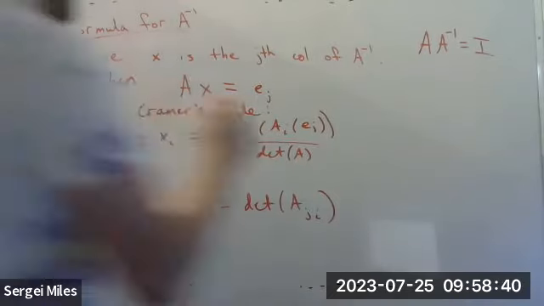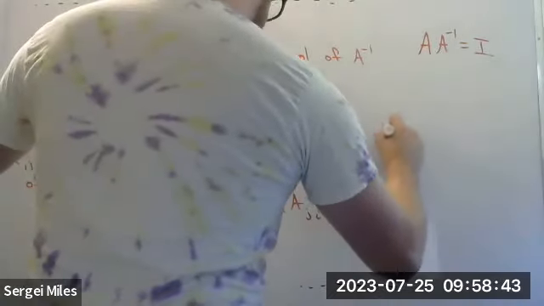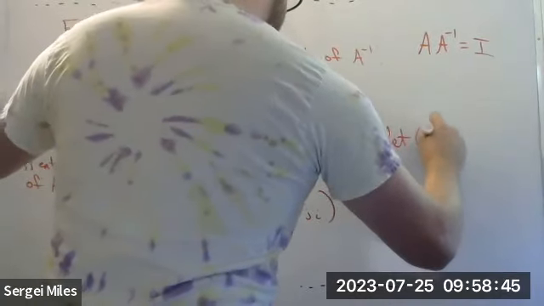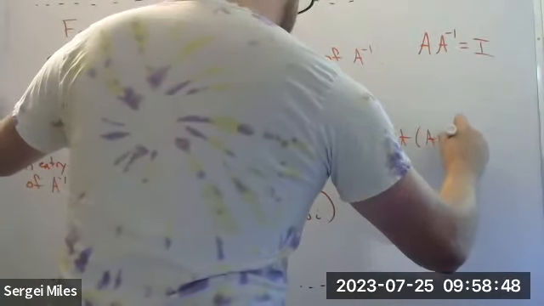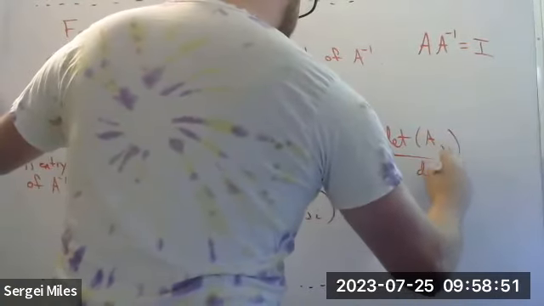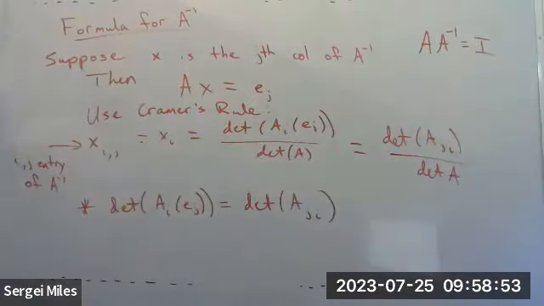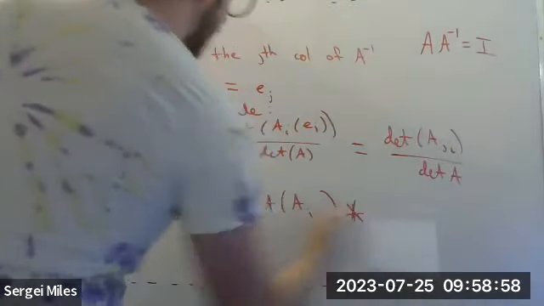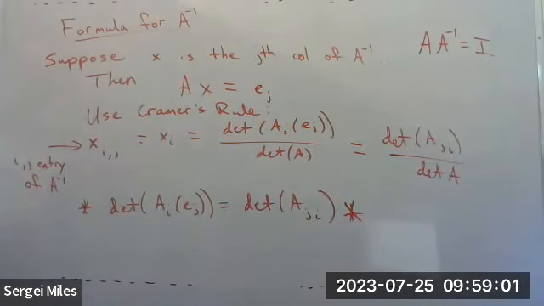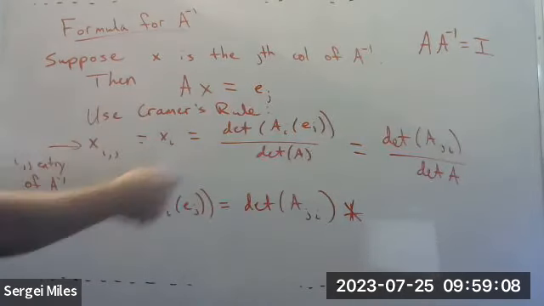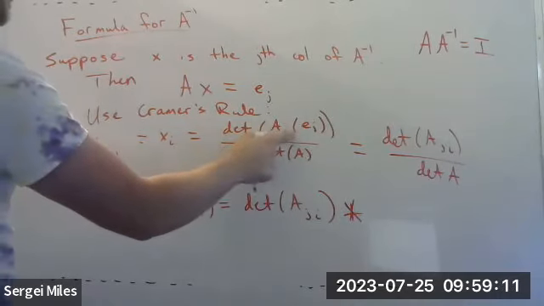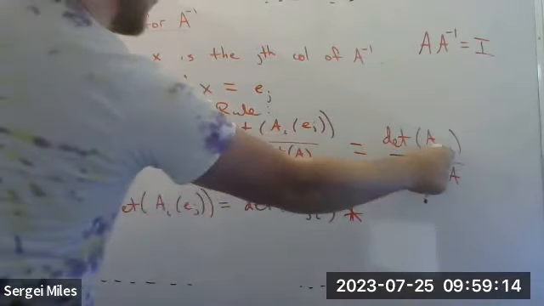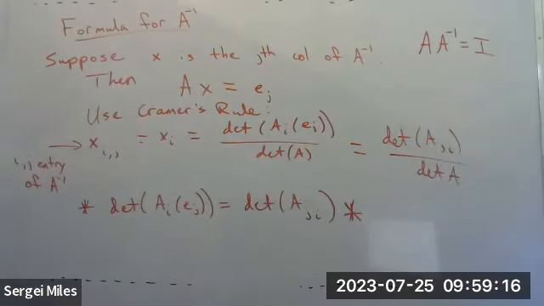The point I'm getting at is that they give this formula: determinant of A_ji divided by the determinant of A. So we can use this to construct the inverse matrix. Again, they're using this swapped notation, so be careful. You can also just stick with the notation I have here, because it is much easier to read versus this more cryptic one. So be careful here.